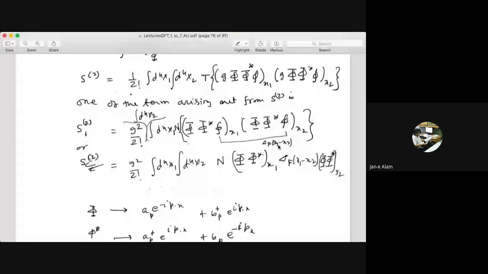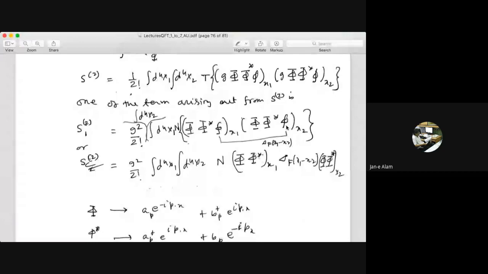So I have taken out a term from the second order term of your matrix, with the propagator saying that it is propagating between x1 and x2. Now you should never contract capital phi with small phi, because that will not give you a propagator. When you contract, it has to be the same field.